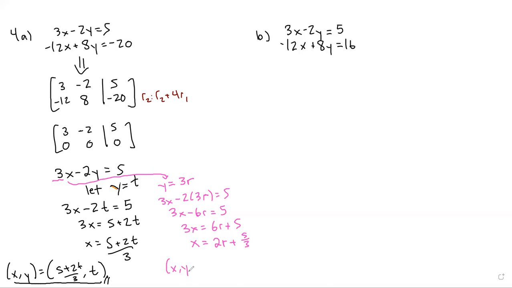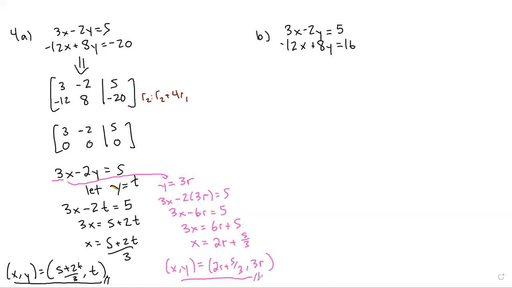And so I have x is 2r plus 5 over 3, and y is 3r. Just a slightly nicer representation. They both represent the exact same set of points. We could even find one of these that is not going to have any fractions in it whatsoever, which is nice. But there's many, many different ways to solve it.